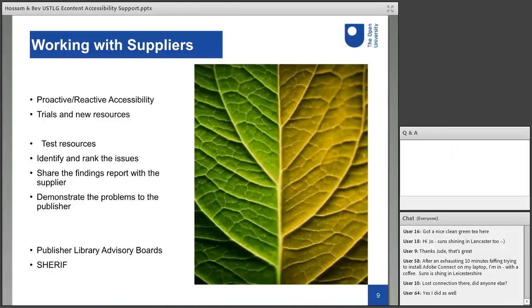The other, as Hossam said, the other thing that we do as we purchase a product, we do that with our disabled students in mind. Now, it doesn't mean that everything is going to be accessible for everyone.